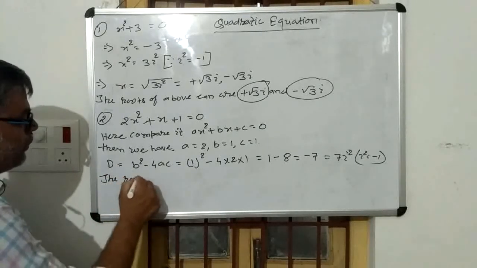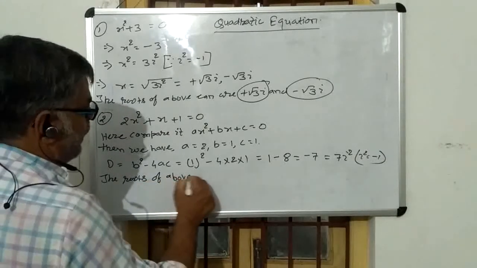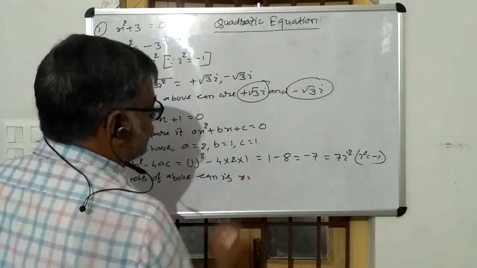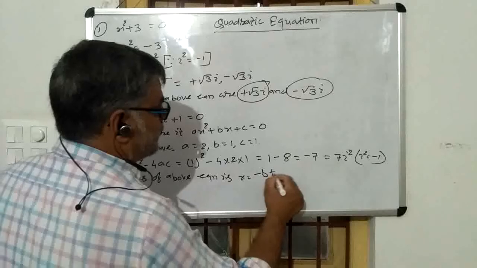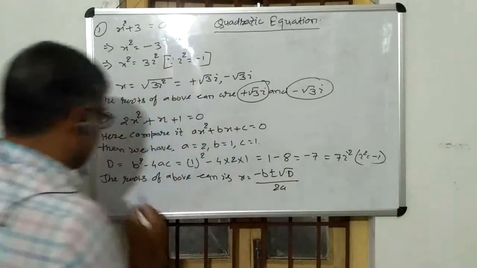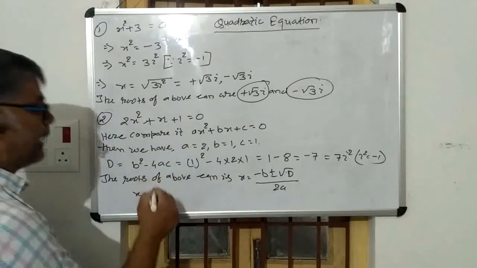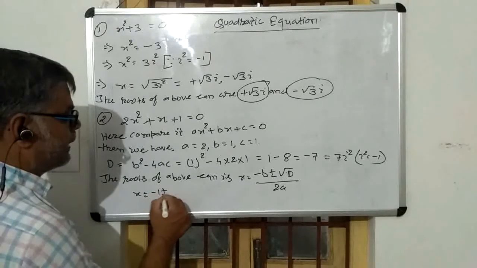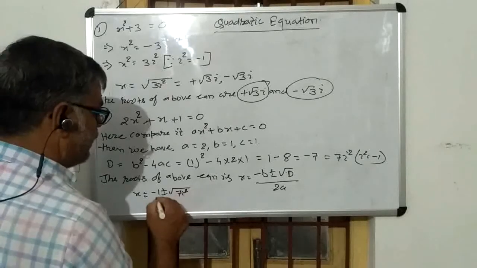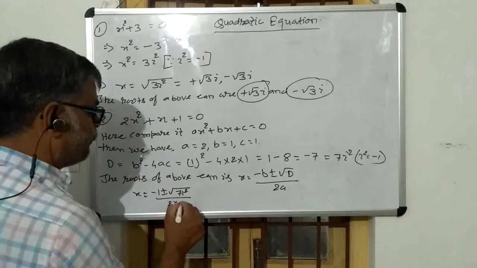The roots of the above equation are x equals to minus b plus minus root under d by 2a. That is x equals to minus b, it means minus 1 plus minus root under 7i square by 2a, that is 2 into 2.